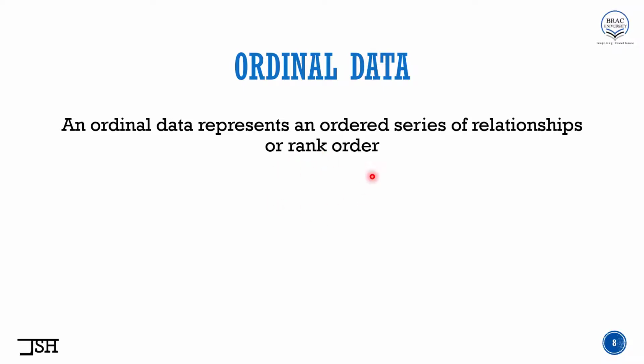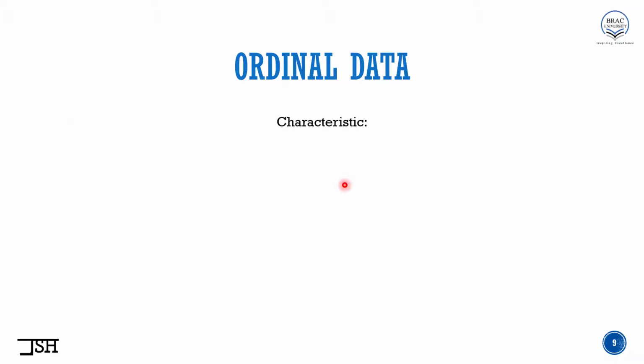Now if I go on to the characteristics of this type of data, we have category. Yes, just like nominal data, we have category here, and we also have order or rank in this type of data. So what do we mean by order or rank? I'm explaining it very soon.